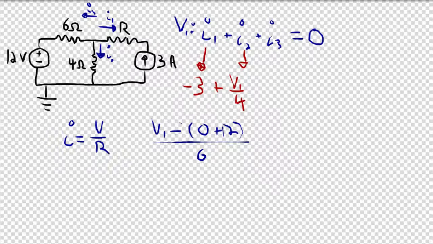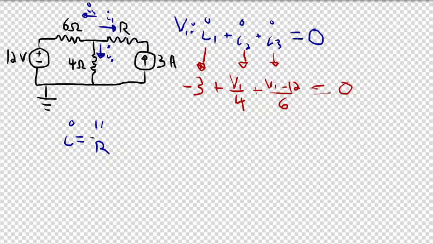So that's I3. Let's just write that down. This is equal to plus V1 minus 12 over 6. And that's equal to 0. So there you go. The full KCL equation for every single non-reference node in this circuit.